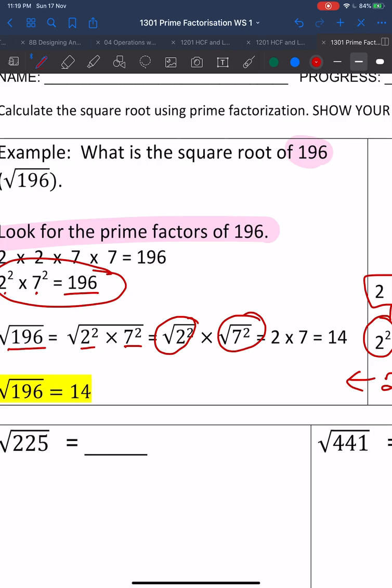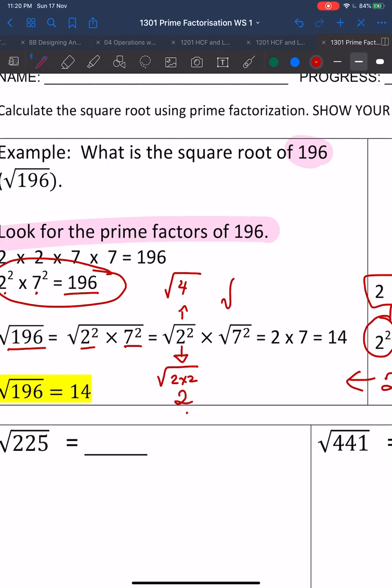Now, square root of 2 squared, okay, remember, it's the same as 2 times 2, and the square root of 2 times 2 would be 2. Okay, because what is 2 squared? 2 squared is 4. And what's the square root of 4? 2.